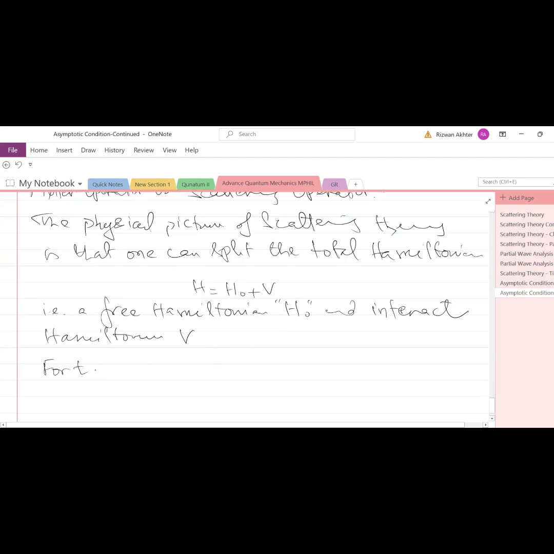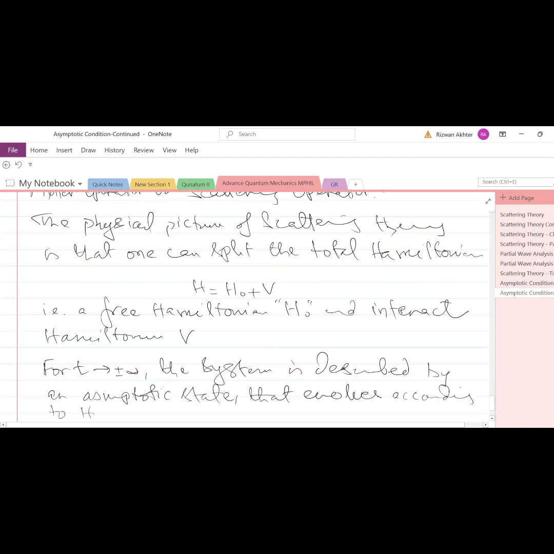For t tending towards plus minus infinity, the system is described by an asymptotic state that evolves according to H naught.